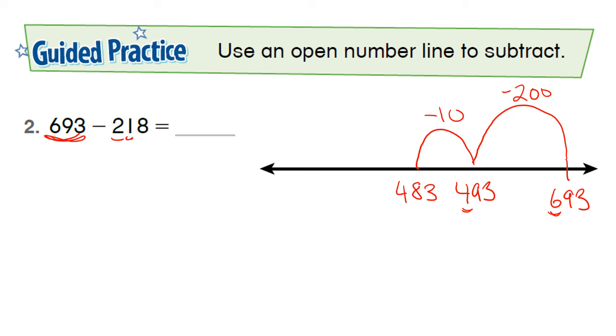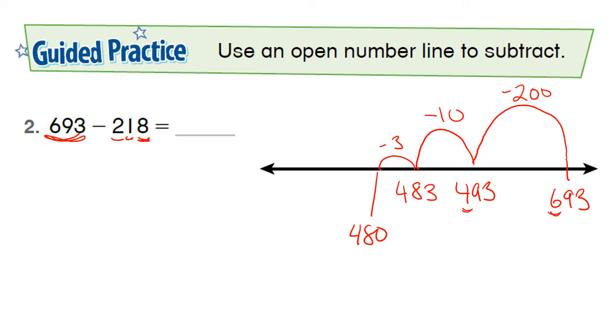And now we're going to subtract the ones. Now 483, I could go 483 minus 8, but I'm going to try to make this a little bit easier on myself. 483 minus 3 is equal to 480.